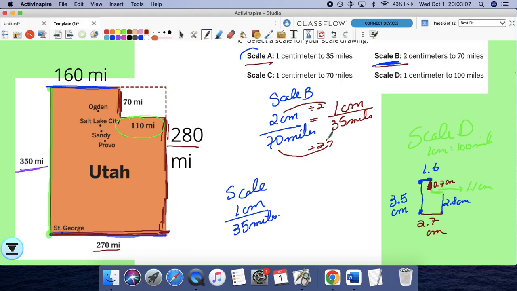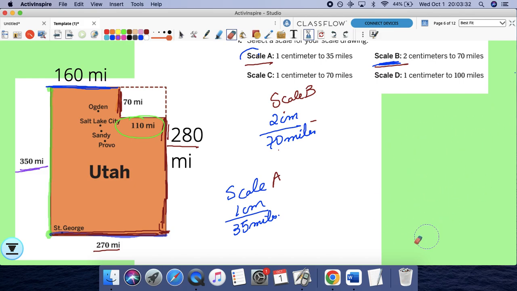And what's the difference? Well, the difference is if you use scale B, you're going to have an extra step to do. Let me show you the difference. So let me keep that and keep that. Okay, this is scale B. I'll show you what happens when you do a proportion here. This is scale B, and this is scale A. And I'm going to erase this because we don't need it anymore.